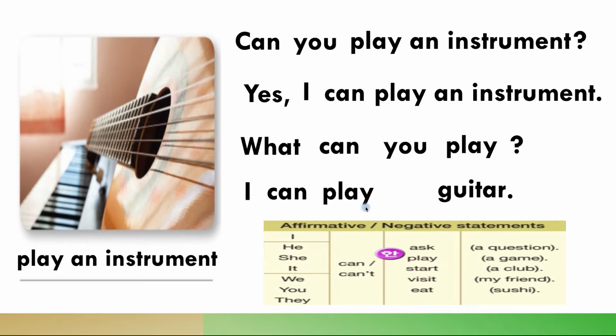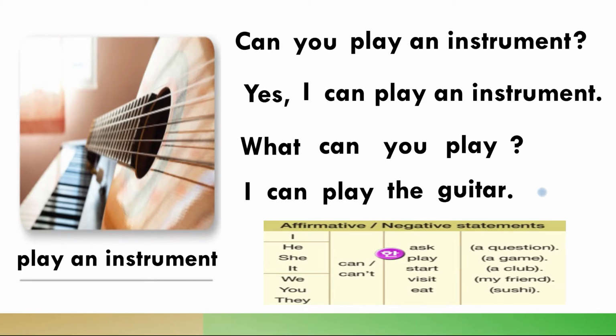So, I made a statement because it has a stop at the end. I can play guitar. Notice I've left a gap here because you can also say I can play the guitar. But again, the is for some reason here in our grammar optional. There it is. It can come in.